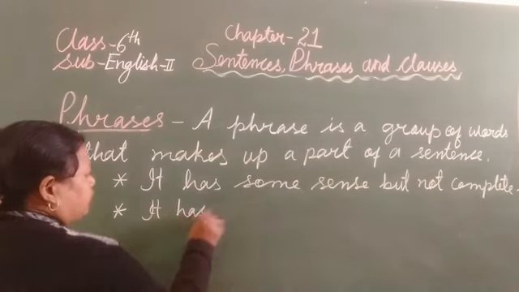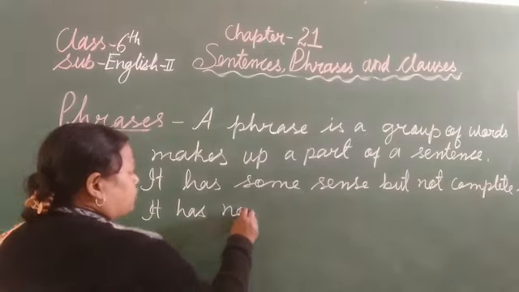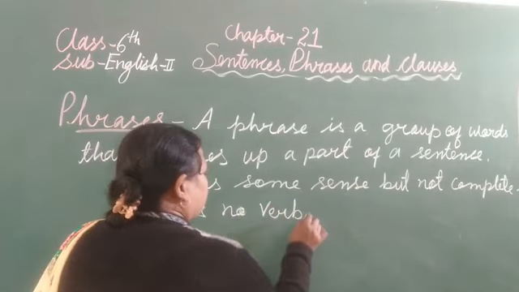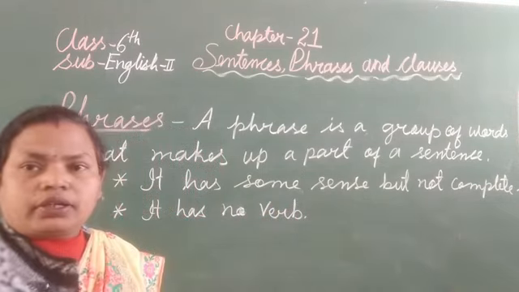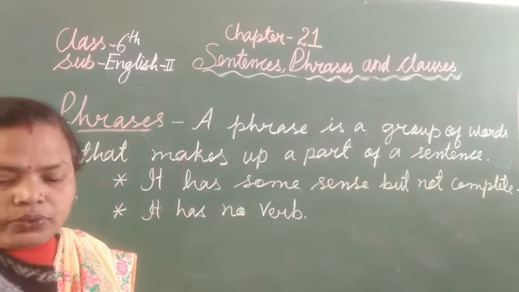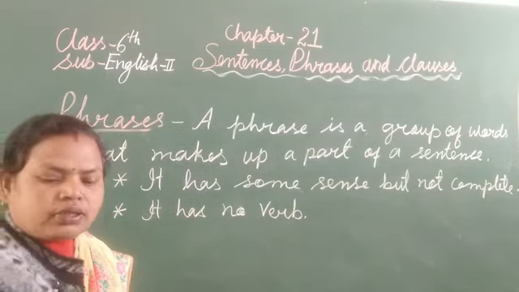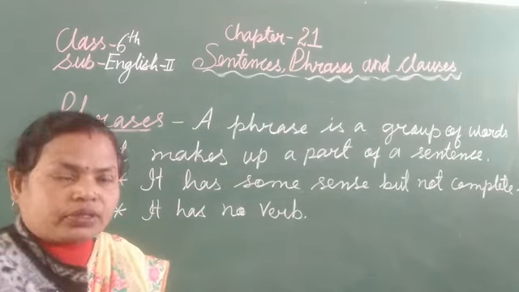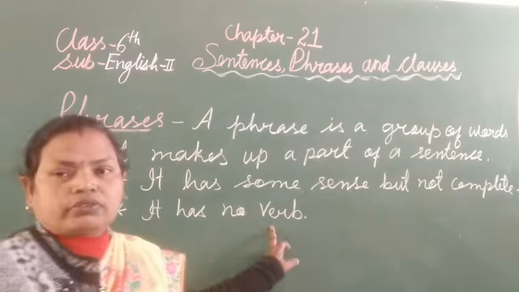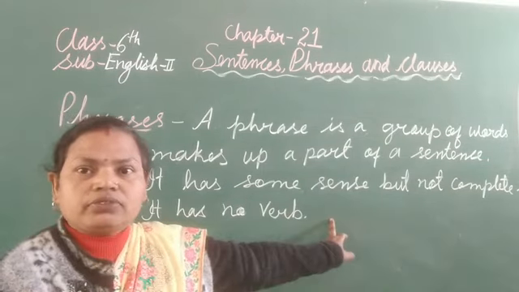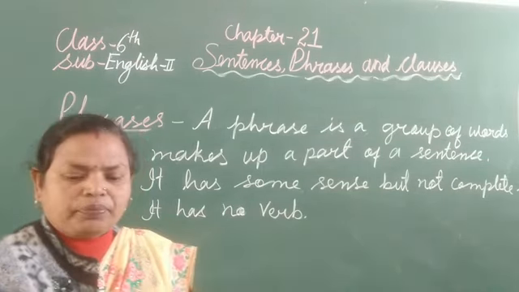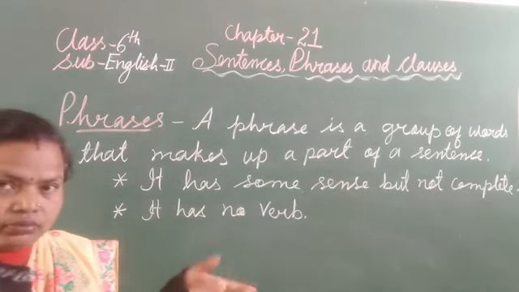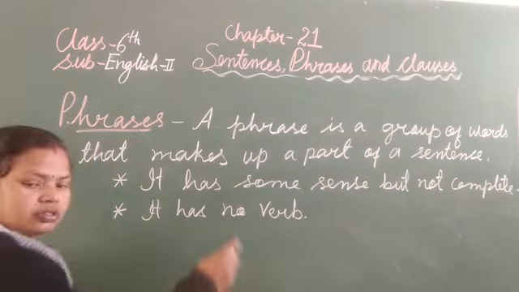Now next, if I tell about tense, if there is no verb, it means there is no change of tense. Now let's see the examples of some of the phrases.